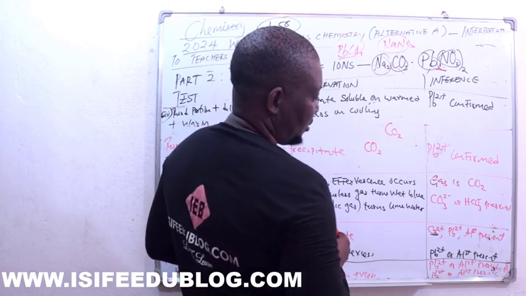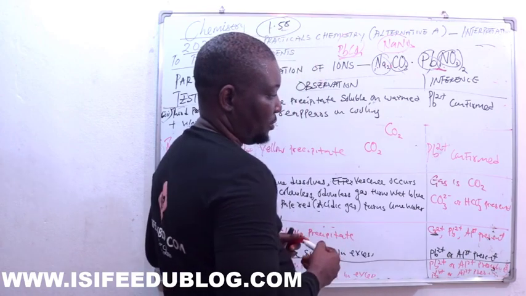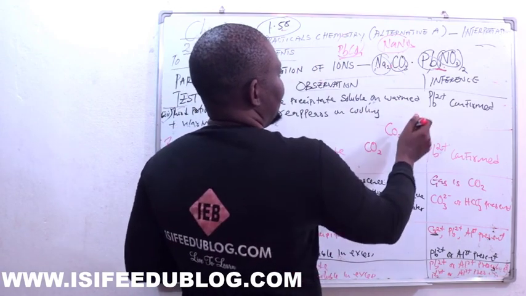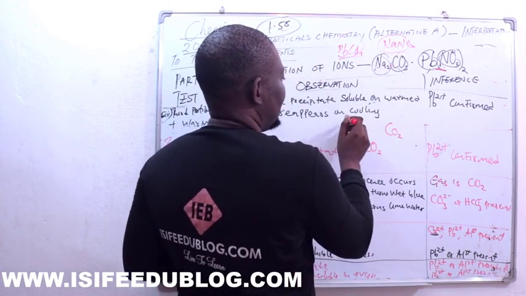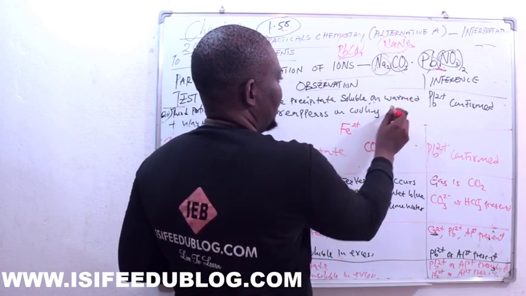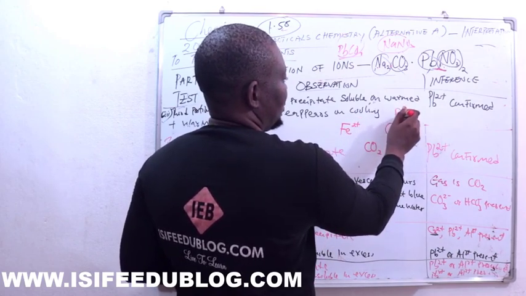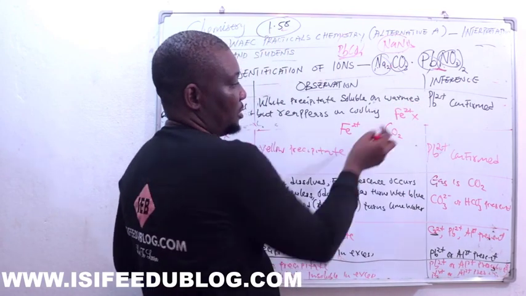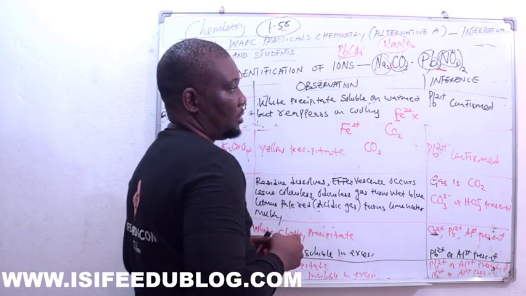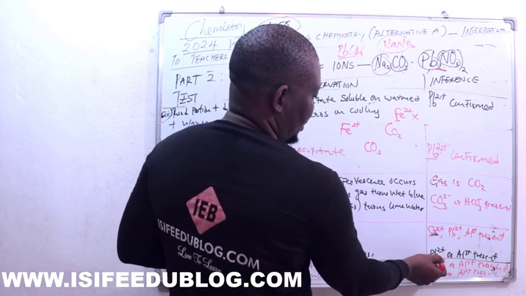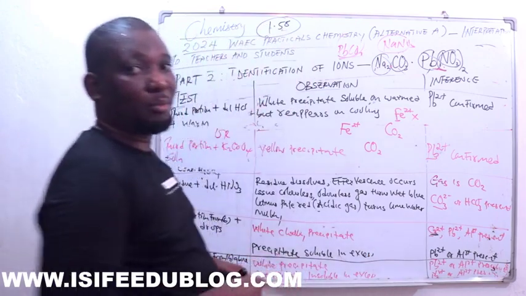For iron, it is supposed to be Fe2+. Anything like this is wrong, because it has a small letter. See how my ions appear in alignment.